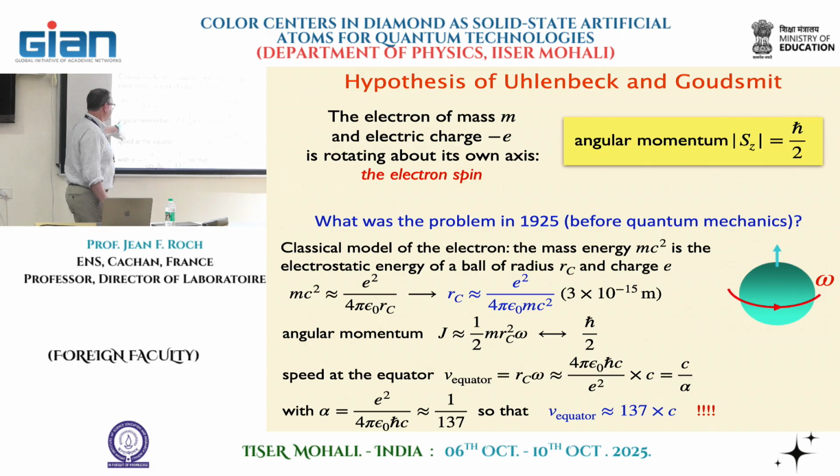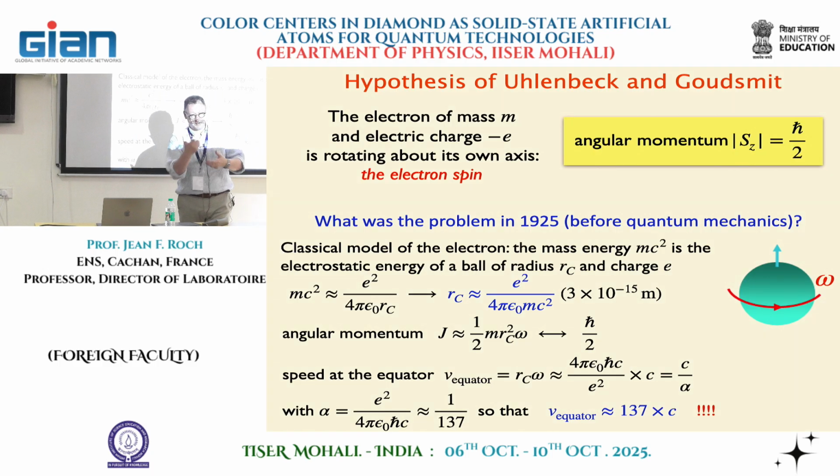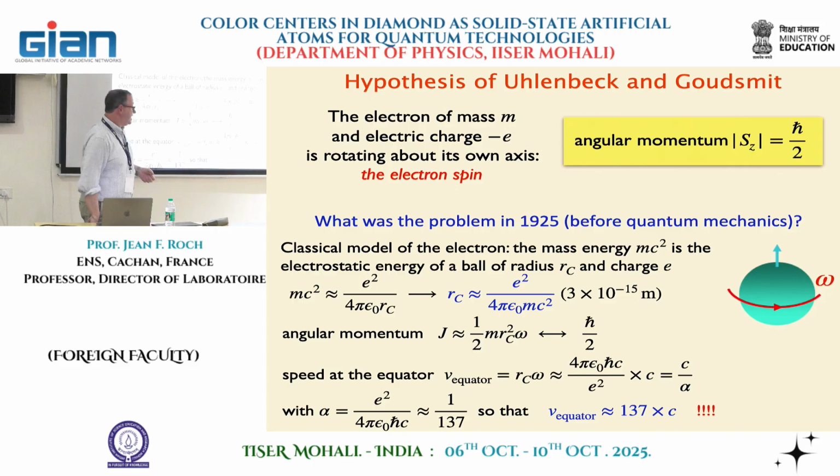Now I know the angular momentum, depending, of course, on the speed of rotation of this spinning ball. Okay, and this has to be equal to h bar over 2, taking into account what I said previously.